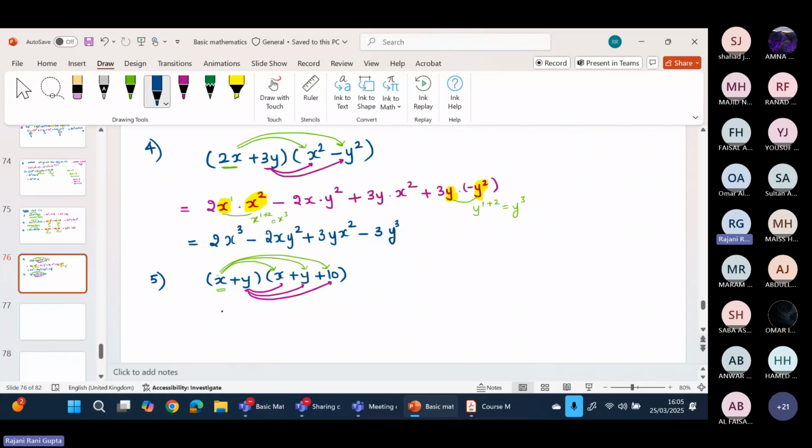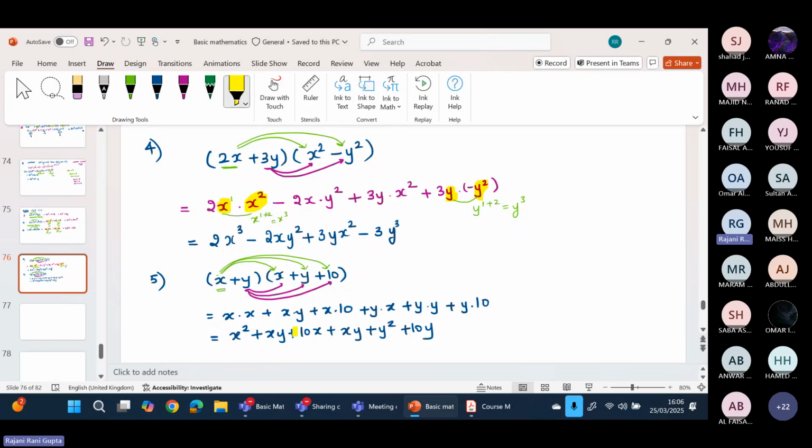I think you can do this one. So it will be x times x, x times y, x times 10 plus y times x, y times y, and y into 10. So when you simplify, this gives you x power 2, this is xy. Next is 10x, xy, y power 2, and 10y.